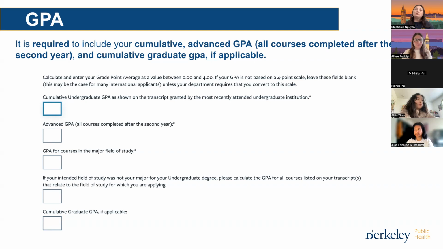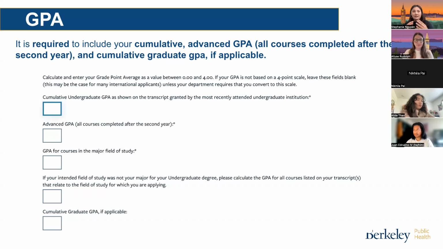So essentially your cumulative undergraduate GPA is specifically shown on your undergraduate transcripts. Usually you can find that at the very tail end of the transcript next to your award date or at the very top. And it covers all of your coursework in undergraduate school.